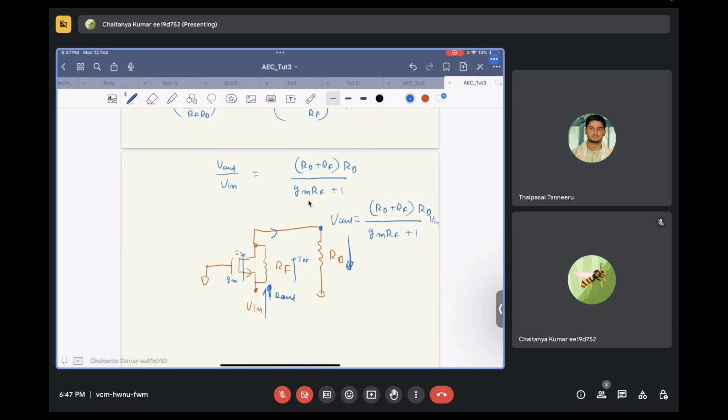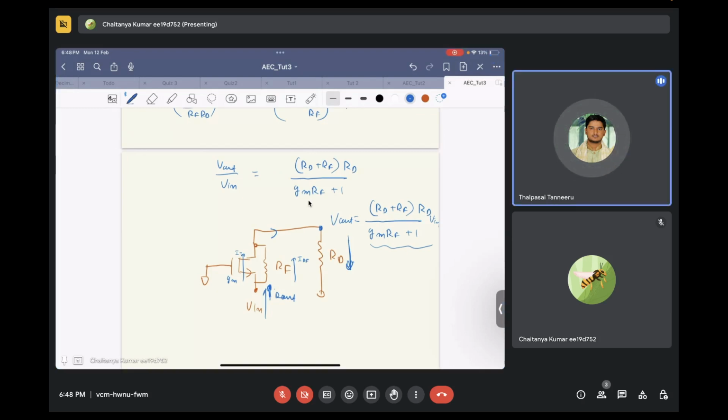You know the Vout. What is the current? Vout by RD. So what is it? Can you tell from this equation? Yes, sir. (RD plus RF) divided by (GmRF plus 1).